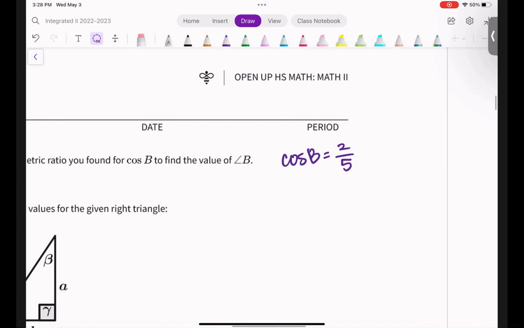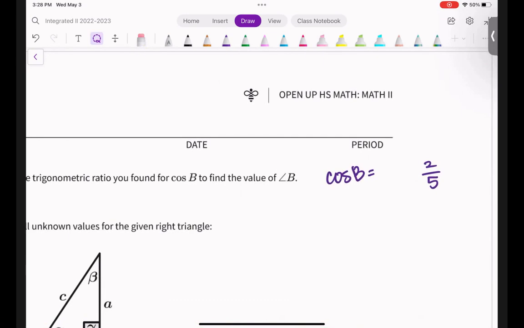And the way we do that is we take the cosine inverse of both sides. I just scoot everybody over so I have room to write cosine inverse. So these two will cancel and pop your B out. Okay, they undo each other, like adding and subtracting, multiplying, dividing, squaring, square rooting. So you're left with B equals cosine inverse of 2/5.